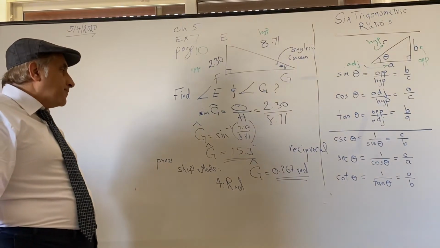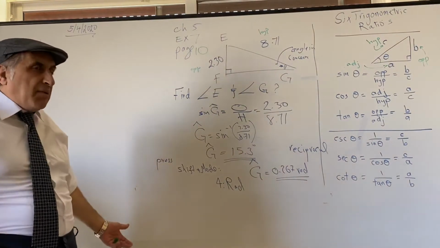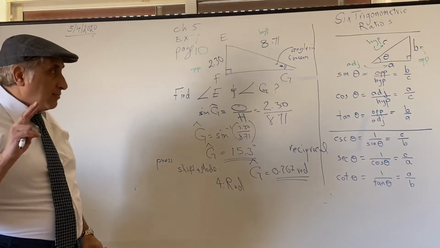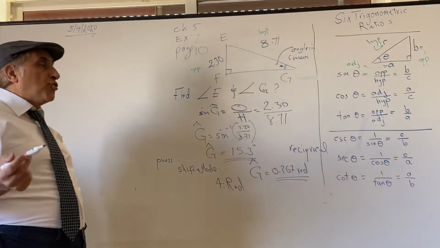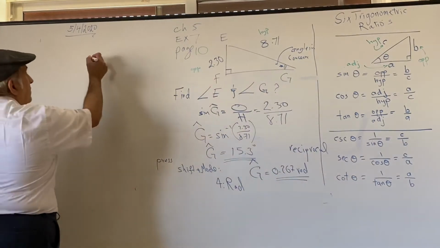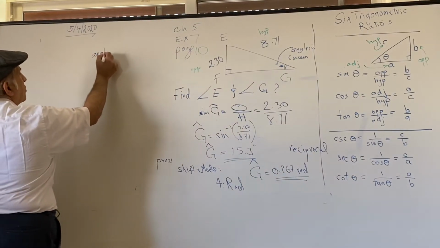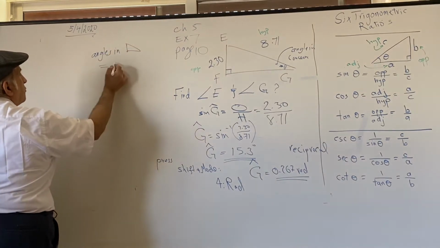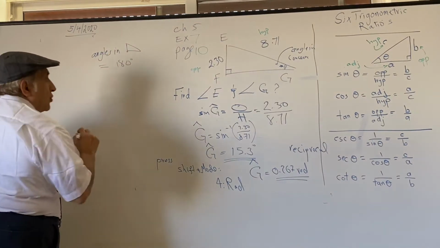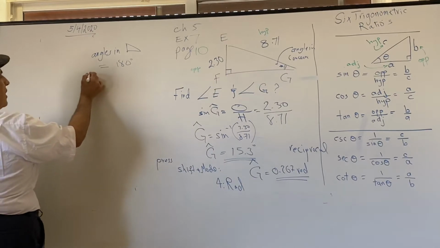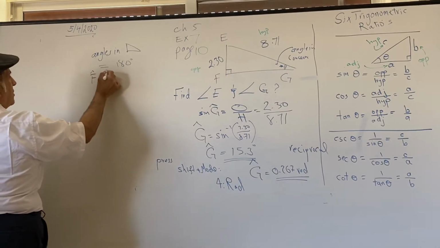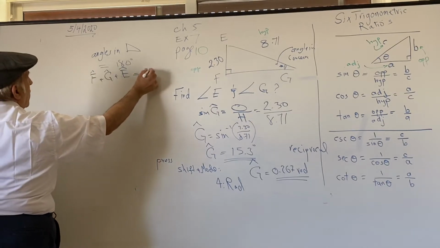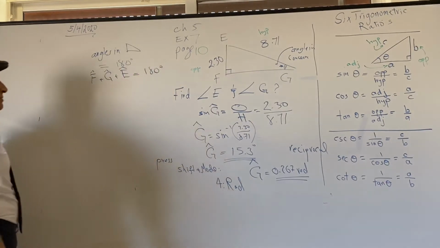Now technically I'm done. Why? If I'm looking for E, I have 2 options. The easiest option is to realize that the angles in a triangle add up to 180. So angle F plus angle G plus angle E add up to 180 degrees.